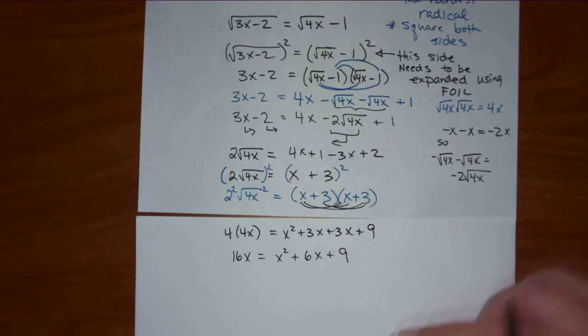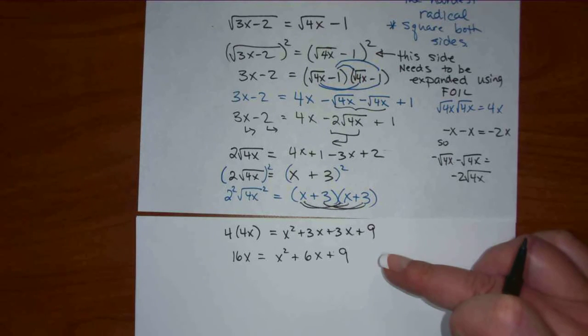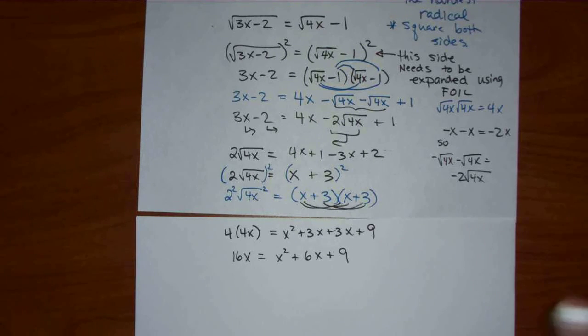So what do we do at this point? Which side should we move them all to make it equal to 0? Yeah, let's move it to the right because the x squared is already positive.